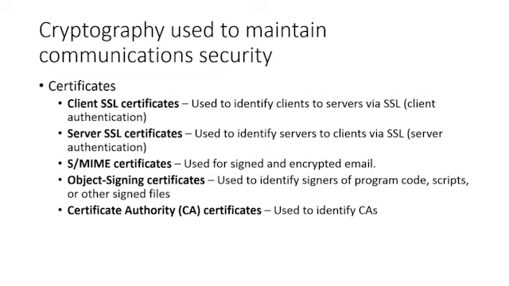So an SSL client certificate is used to identify clients to the servers through the secure socket layer. Now we can have server SSL, which is just the flip of that. It's identifying servers to clients.